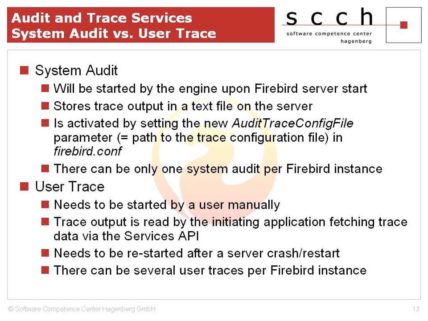So every time you start the Firebird server, the trace session automatically starts. It stores the trace output, the text output we have seen in the previous example, in a text file on the server, and you pretty much have one new parameter in the firebird.conf file, which allows you to define the path to the trace configuration file.